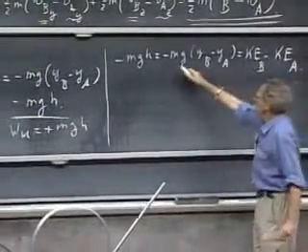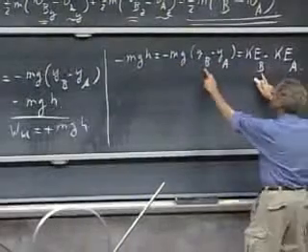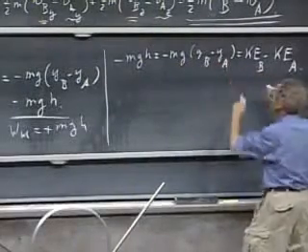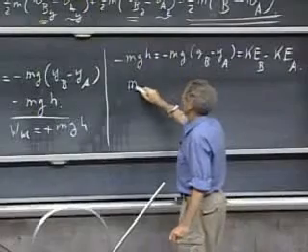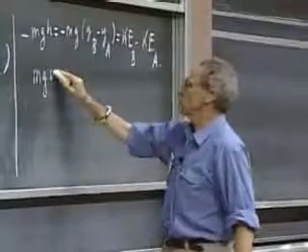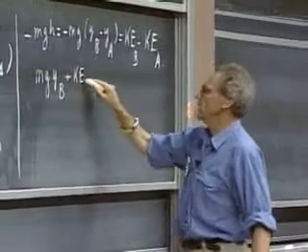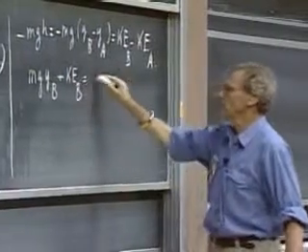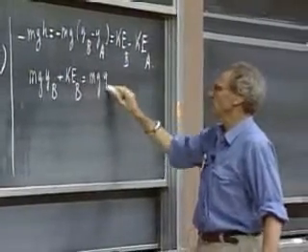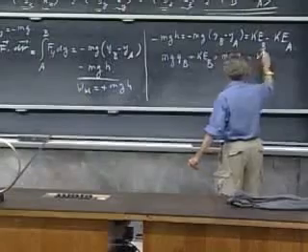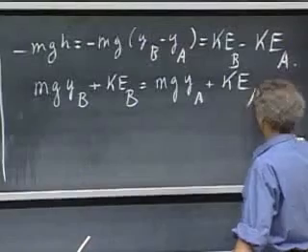Look closely here. I can rearrange this and I can bring the B's on one side. I can bring the A's on one side. I then get mg times y of B plus the kinetic energy at point B equals mg times y of A plus the kinetic energy at point A.